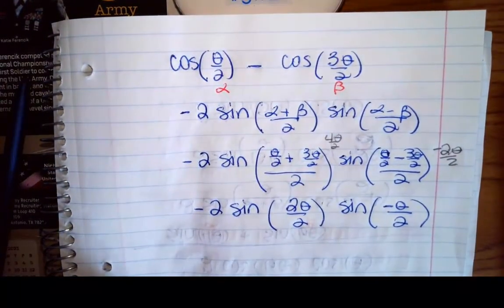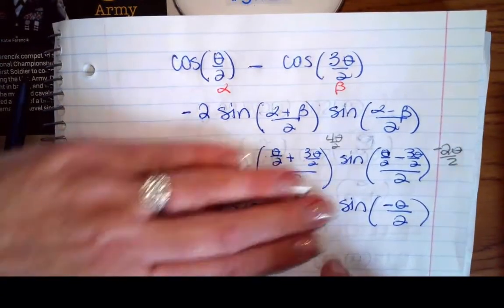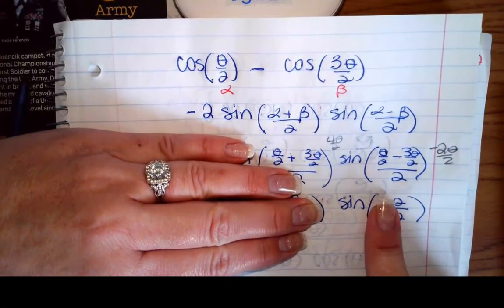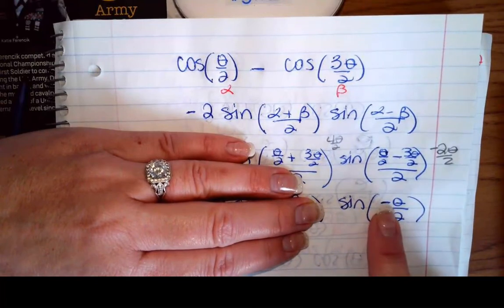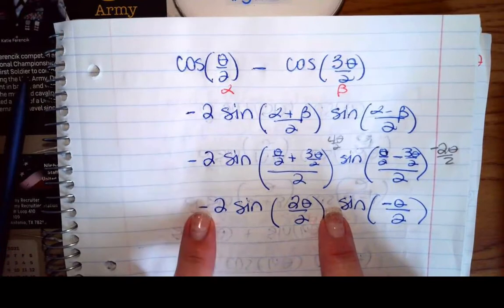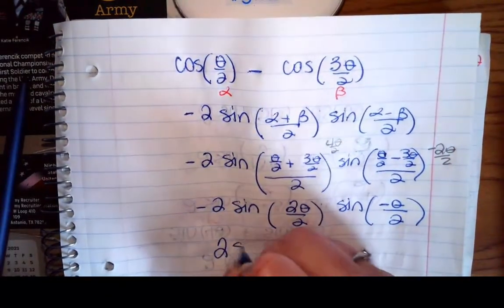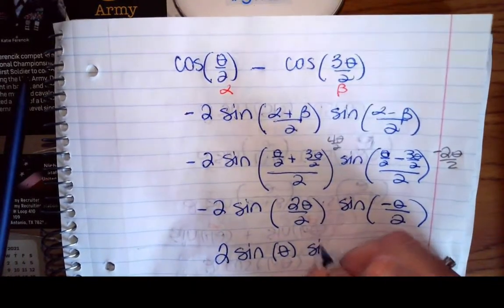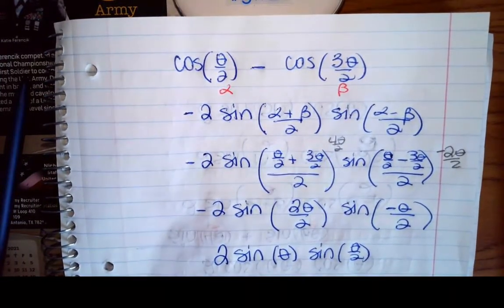Okay, so sine is odd. That means if I change this to a different sign, I've got to change this to a different sign. So I'm going to go from negative to positive, and so it's a negative times a negative. That gives me a positive 2 sine 2 theta times the sine of positive theta.